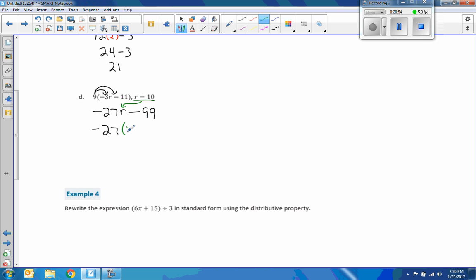Replace r with 10. Subtract 99. Negative 27 times 10 is negative 270 minus 99. That's really close to 100, so you do mental math here. Negative 270 minus 100 is negative 370. But we're off by 1, so it's going to be negative 371.